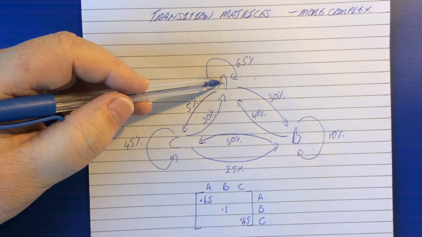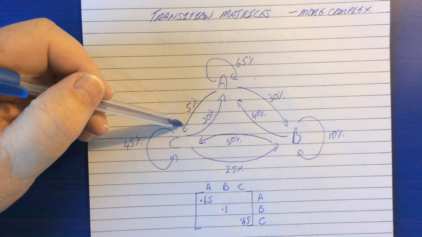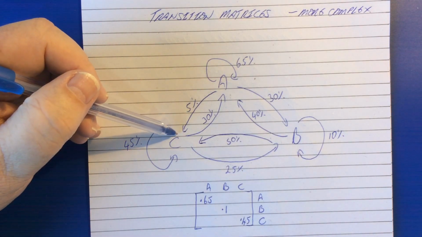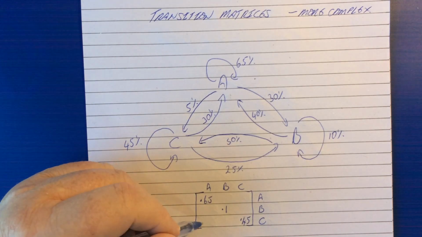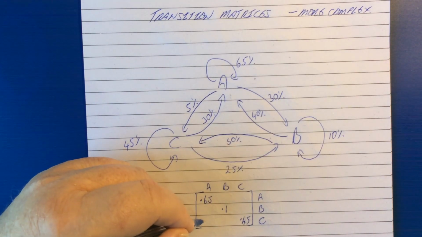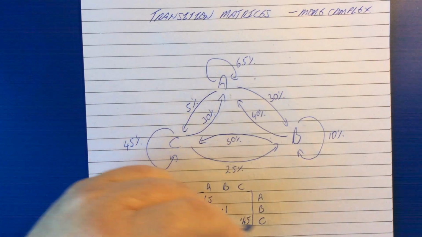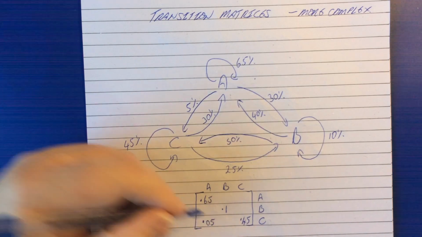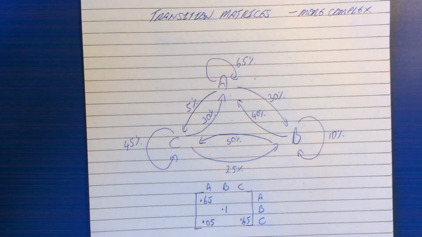Now, looking back at A, we see that 5% of people move from A to C. So A to C is this position down here, 0.05, 5% divided by 100.